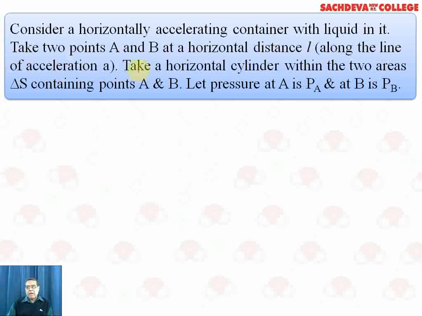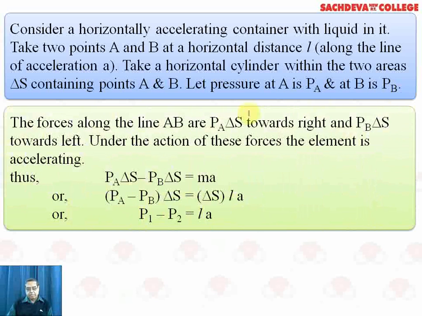Take a horizontal cylinder with the two areas, delta S, around A and B. The pressure at A is PA and pressure at B is PB. Pressure will be taken as force into area. So again, we are taking the forces along the line AB.